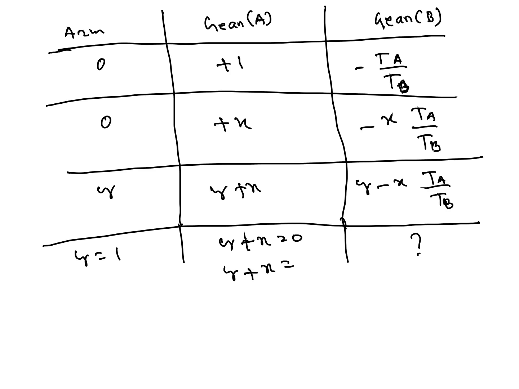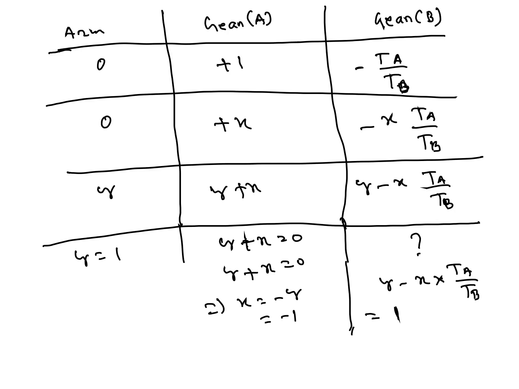Put the values. Y is X into TA by TB. So Y is 1, X is minus 1 into TA by TB.